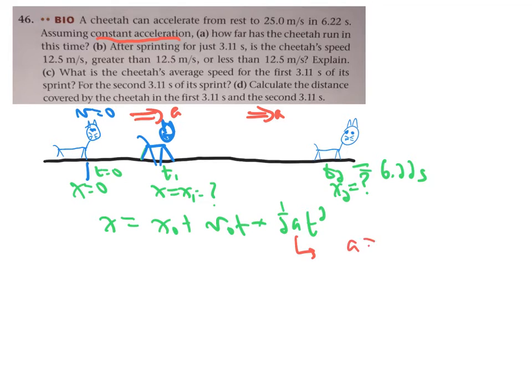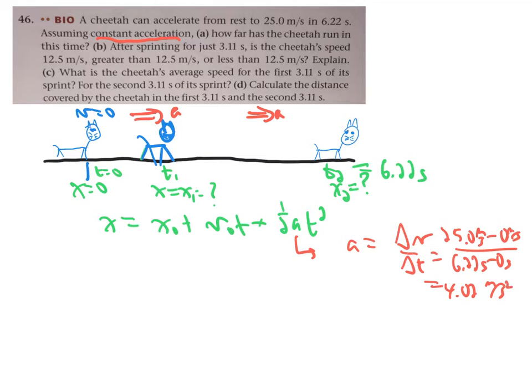And I say, well, a is the change in velocity over the change in time. And the cat ends at 25 meters per second, starting at 0 meters per second. And the clock ends at 6.22 seconds, starting at 0 seconds. So the acceleration turns out to be 4.02 meters per second squared, which allows me to go up here and say that for our moment x2, we would have 0 plus 0t plus 1/2 times a t2 squared.